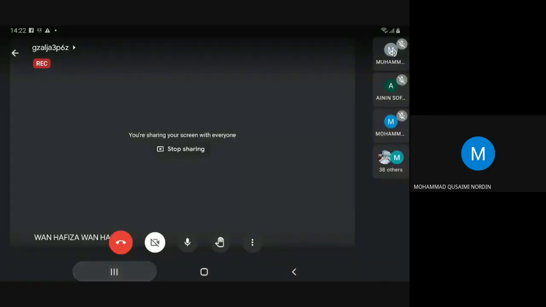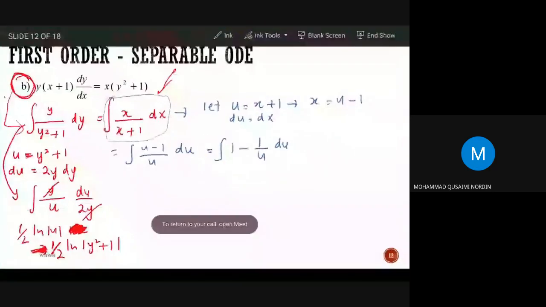Alright, so this one, you will get 1 over 1 minus... the slide is gone, doctor. Oh, the slide is missing. Let me share screen. Okay, can you see? Okay, good.